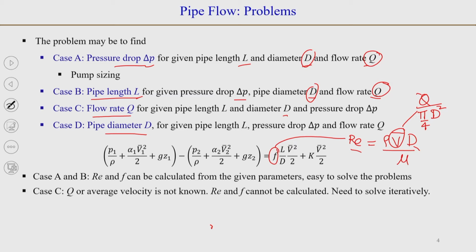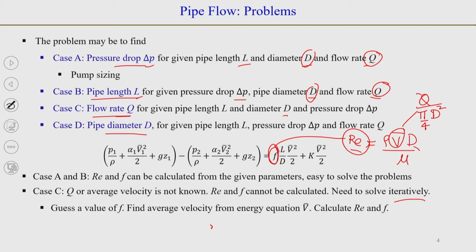But for case C, let us say when the flow rate is not known. If the flow rate is not known, then we will not know the Reynolds number in advance. If we do not know the Reynolds number, then we also do not know f. So, to solve this equation, we will need to solve it iteratively. We need to assume some value of f. We can try to make a guess based on the information that is available at our disposal.